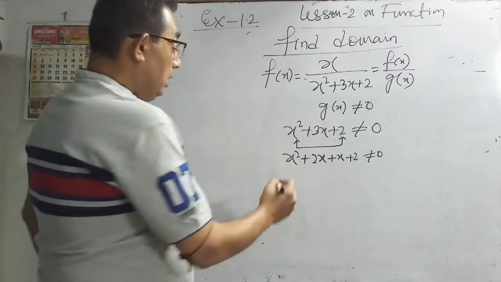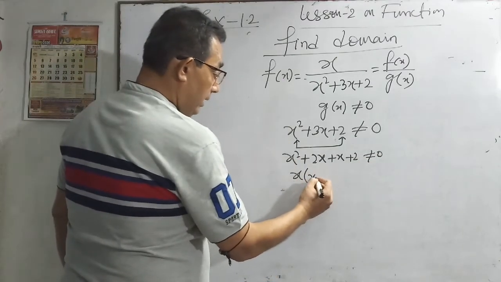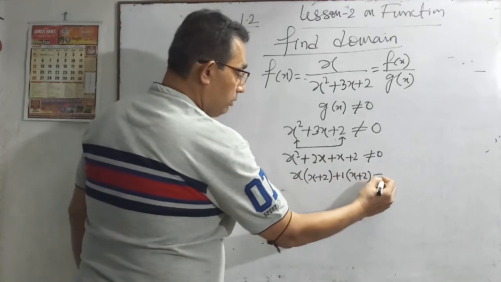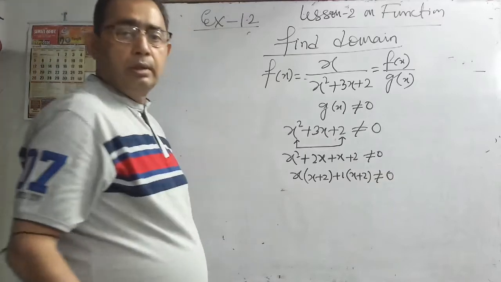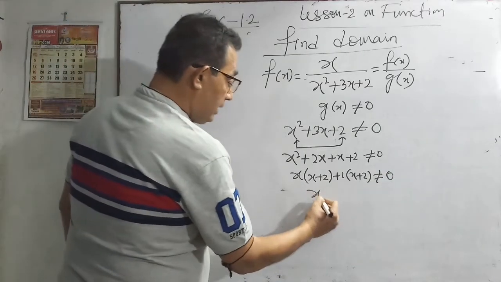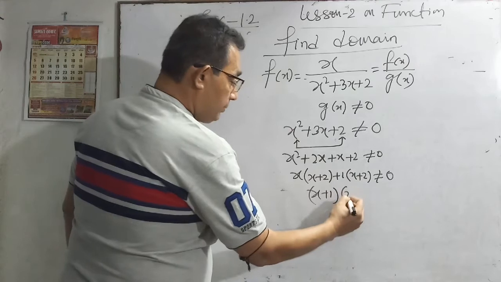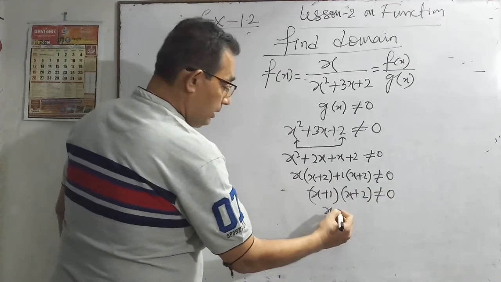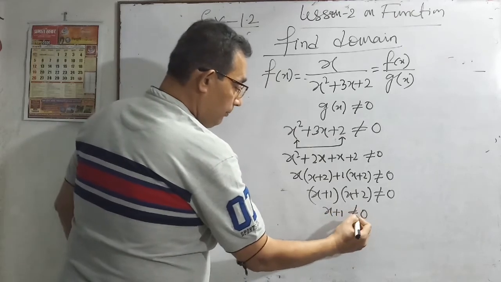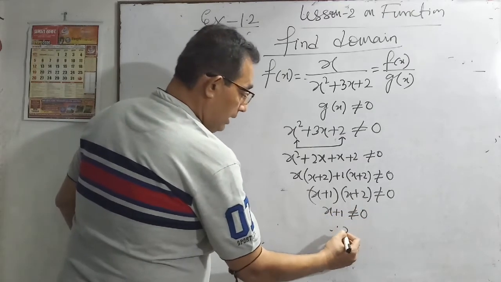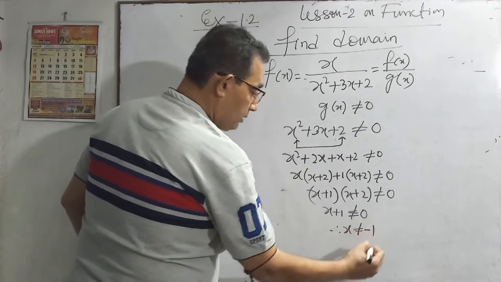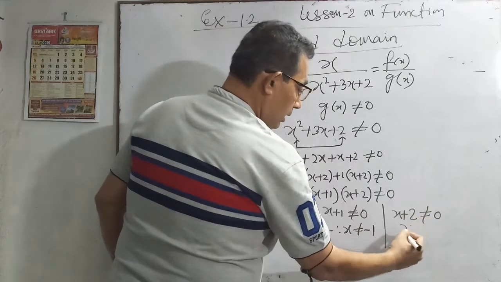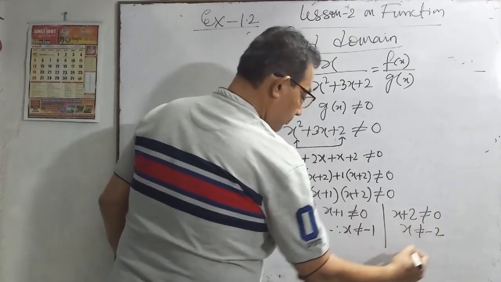Clear? Now x + 2, x + 1, x + 2 is not equal to 0. That means (x + 1)(x + 2) is not equal to 0. X + 1 is not equal to 0, that means x is not equal to −1. X + 2 is not equal to 0, x is not equal to −2.